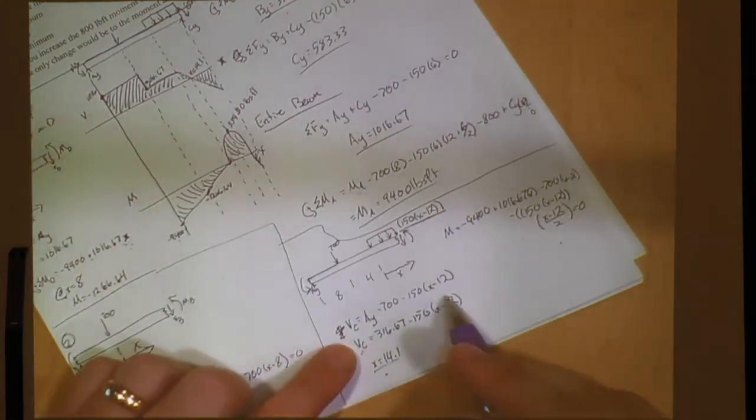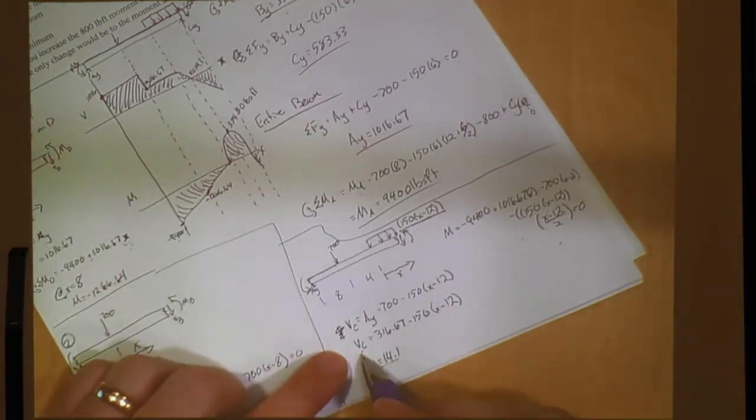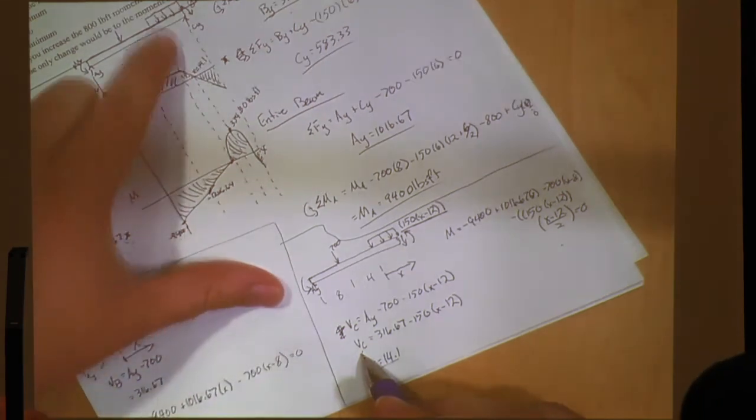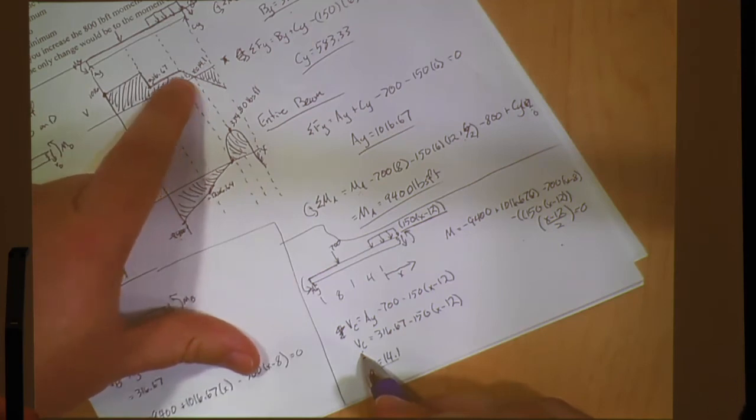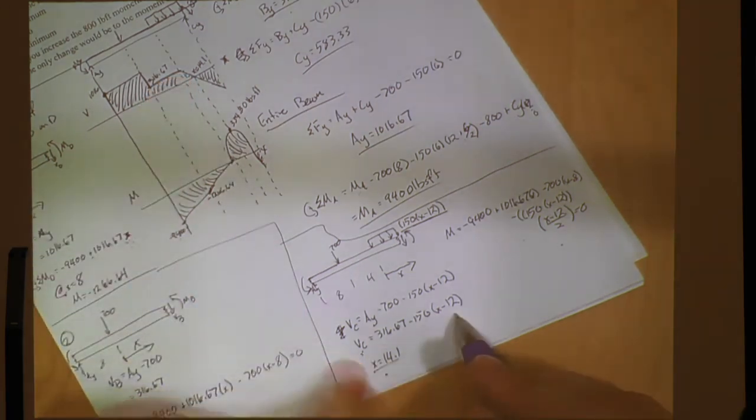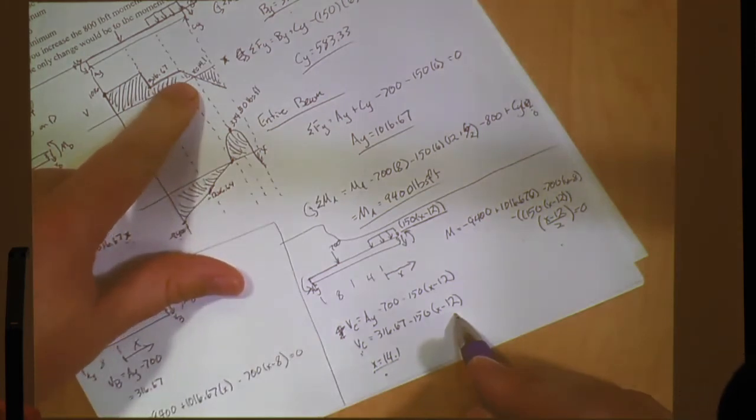So in shear, we set shear equal to 0 because we have a downward distributed load, which means we will have a negative slope. So we know it's going to cross the x-axis at some point, even though it starts here and we don't know what our line looks like. We get the equation of the line, and then we set shear equal to 0, so we know the exact point it crosses the x-axis.